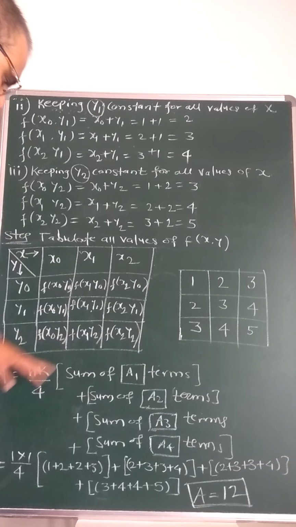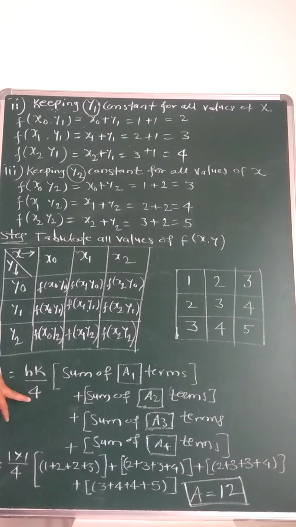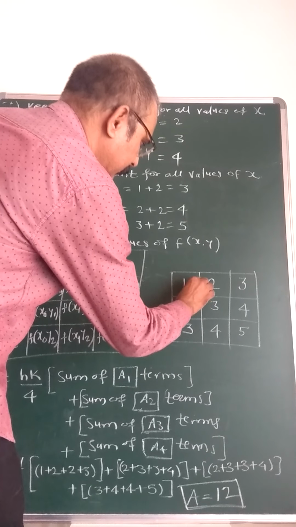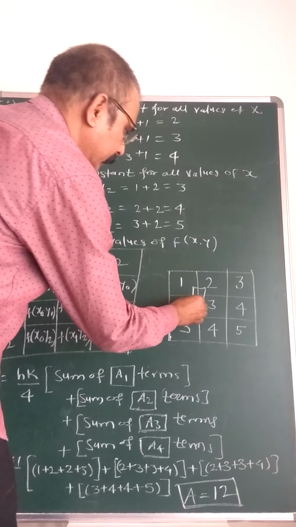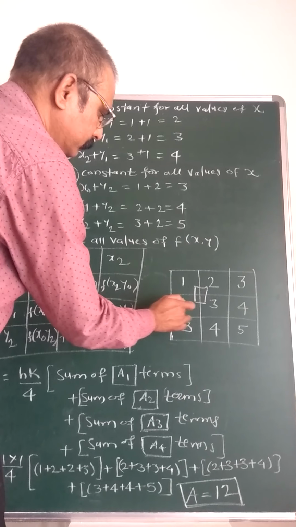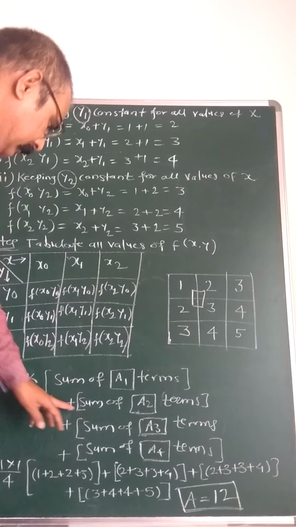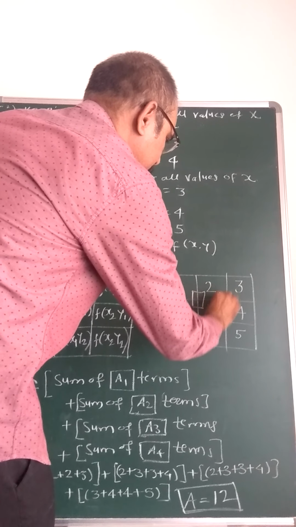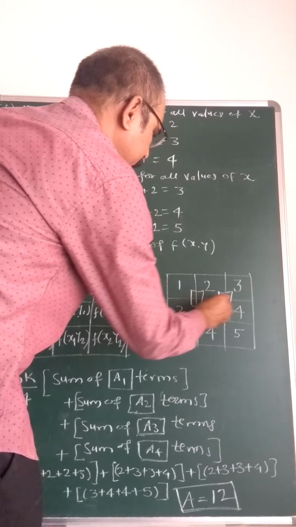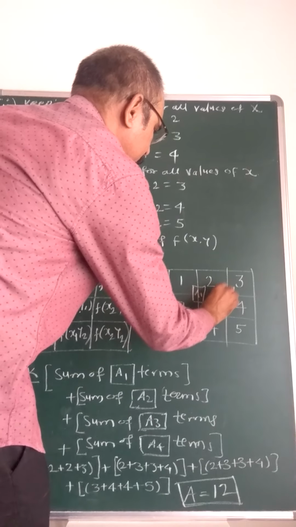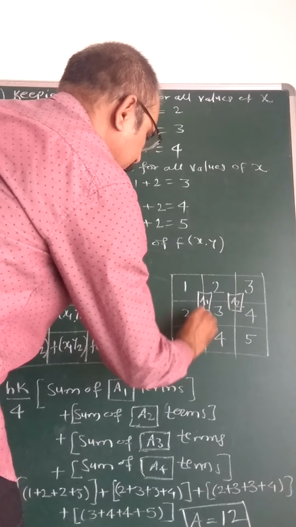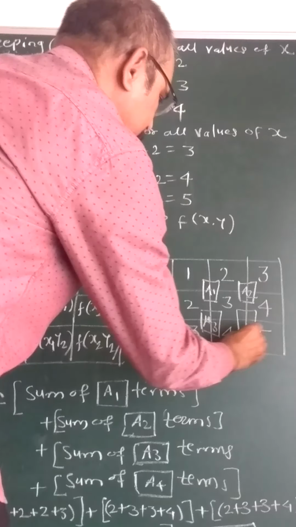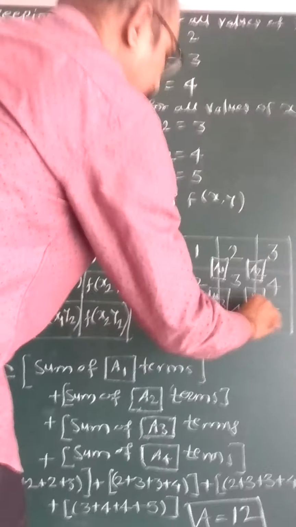Therefore A is equal to hk by 4 times the sum of the a1 square terms, that is this first square, 1 plus 2 plus 3 plus 2, plus the sum of the a2 square terms, this is square number 2. This is a1, this is a2, similarly this is a3 and this one is a4.